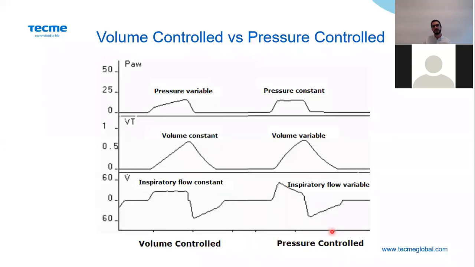Then in a pressure control mode, we have a constant pressure, and the volume and the inspiratory flow will be variable. You can see here the difference, for example, in the pressure or in the flow, according to what you are controlling.